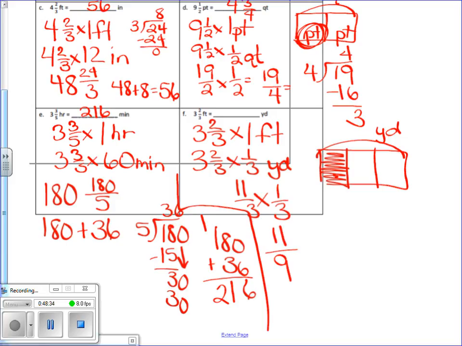Yes, 11 ninths. It's improper. 9 into 11. 9 goes into 11 one time. 1 times 9 is 9. So your answer is 1 2/9. There was no third. 1 2/9 of a yard.